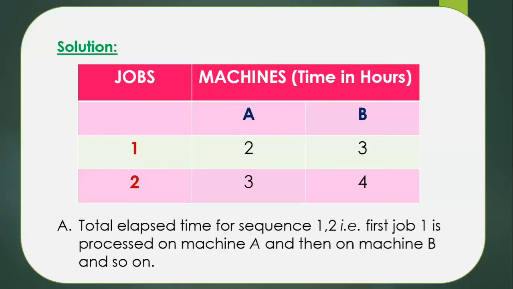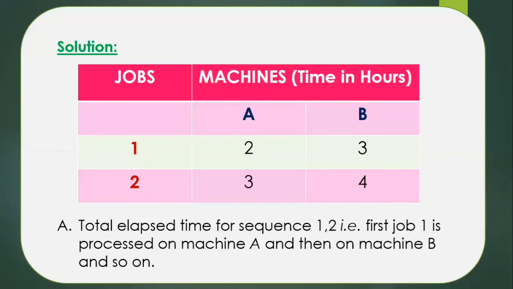Now, if the problem given has 2 machines and 2 or 3 jobs, then it can be solved by using the Gantt chart method. But if the number of jobs is more, then this method becomes less practical. Now, a Gantt chart consists of an x-axis, on which the time is noted, and a y-axis, on which jobs or machines are shown.